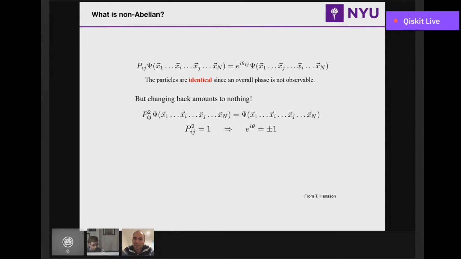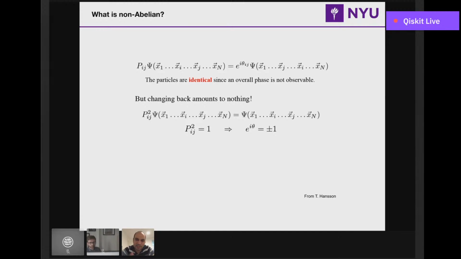Let me just spend a few slides on this before I go to the experiments. So imagine I have n particles on my desk, and I try to take particles i and j and swap them, right? And if I do it one more time, I get back to identity. What I'm showing here is that this exchange operator to the power of 2 is equal to 1.